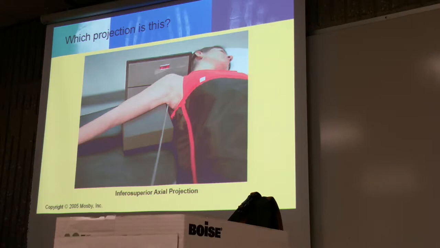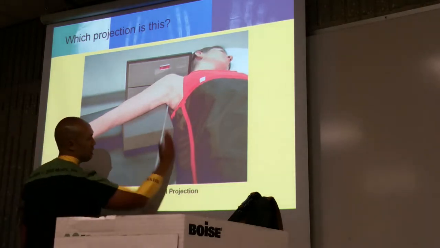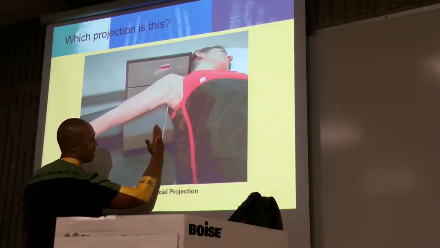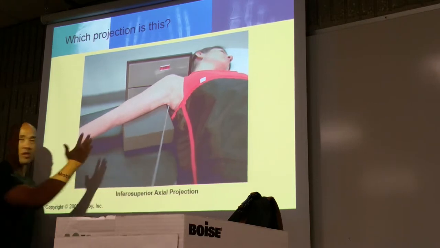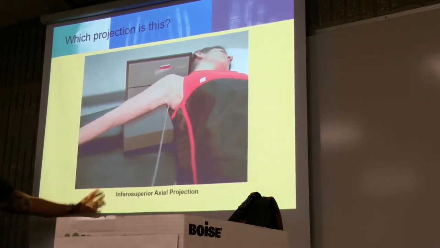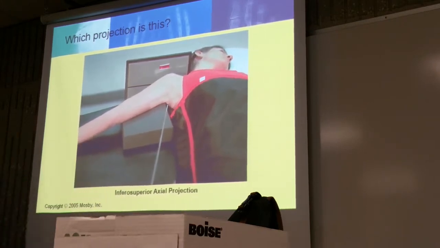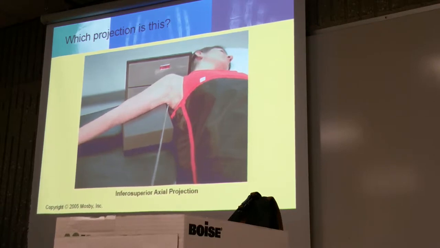We're going from the bottom, exiting the top, infero-superior. It's an axial because it's not going straight parallel with the length of the body. It has a slight angle to the length of the body. That's why it's called axial. You'll get it soon. This is just an introduction.